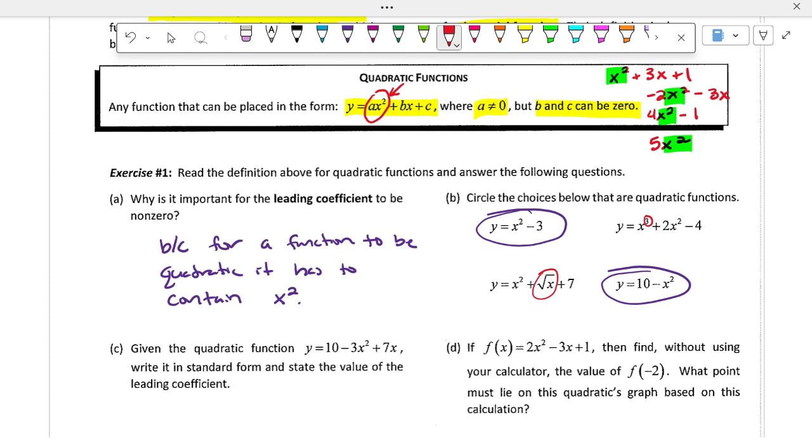No, because we talked about this yesterday or Friday: a polynomial function cannot have a square root with the x underneath that square root. Because the x is under that radical, it's not even a polynomial. Thus, it can't be a quadratic function.